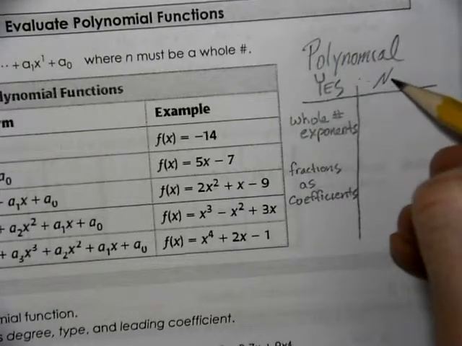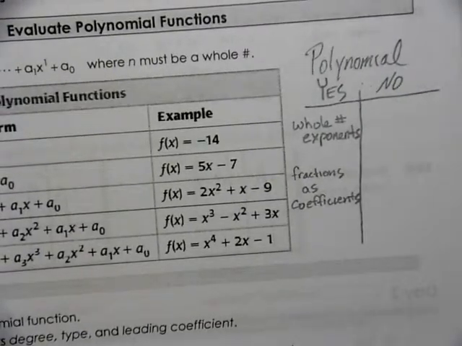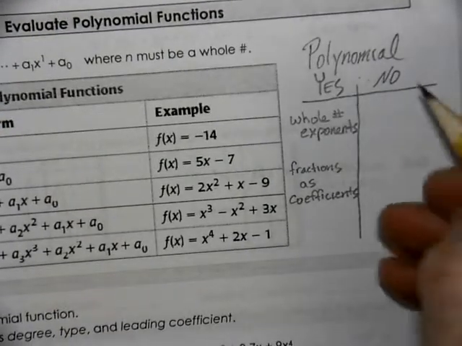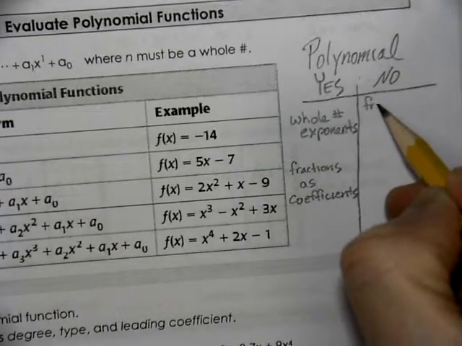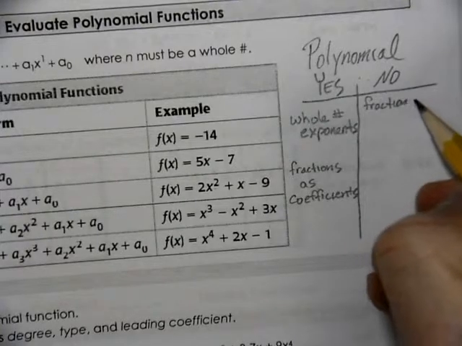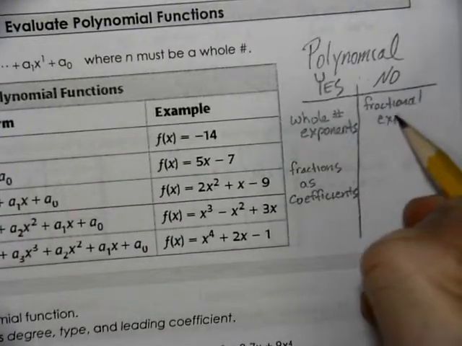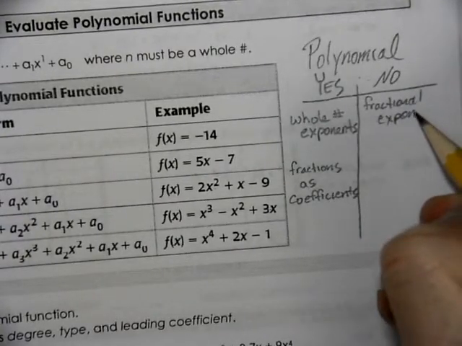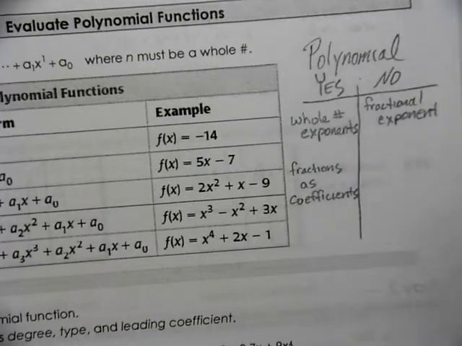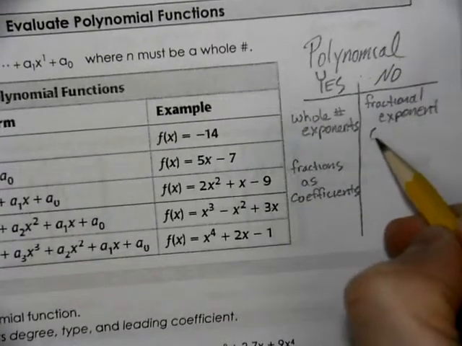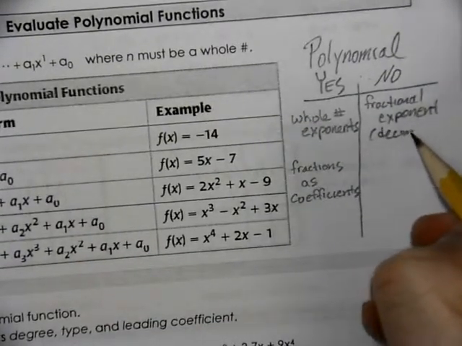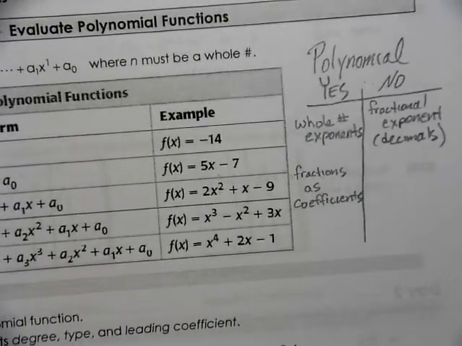Things that are not polynomials: fractional exponents, or even decimals for exponents.